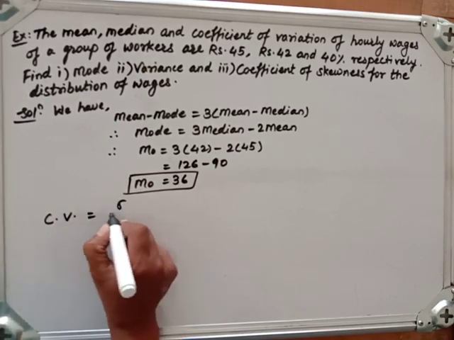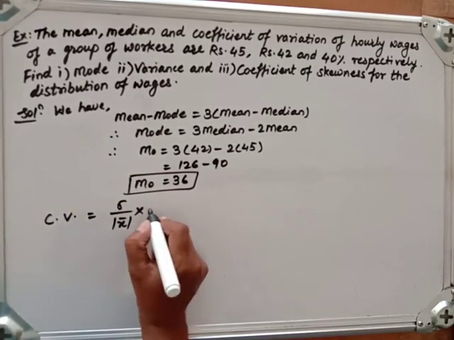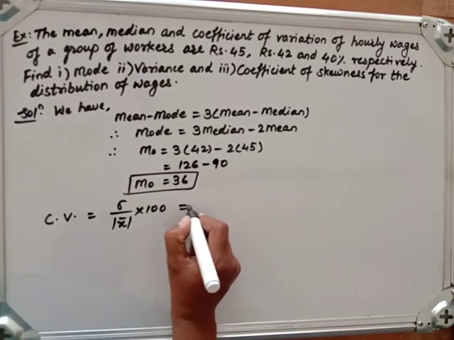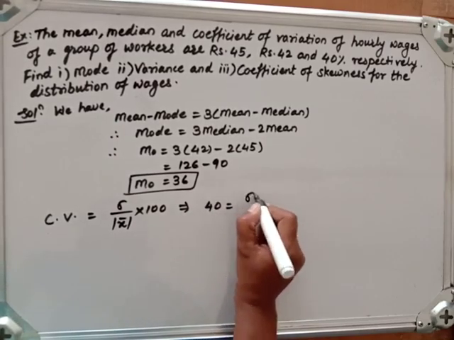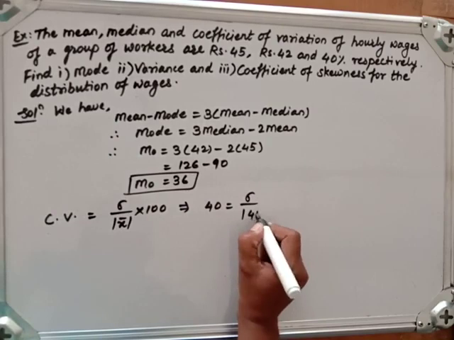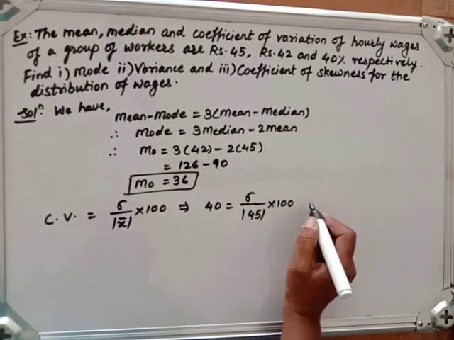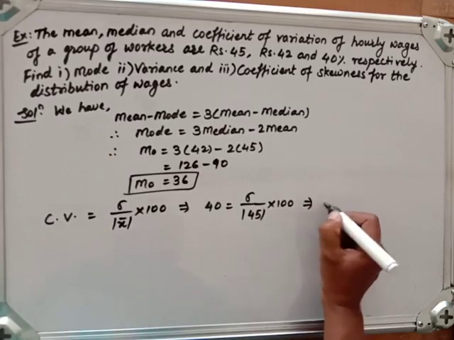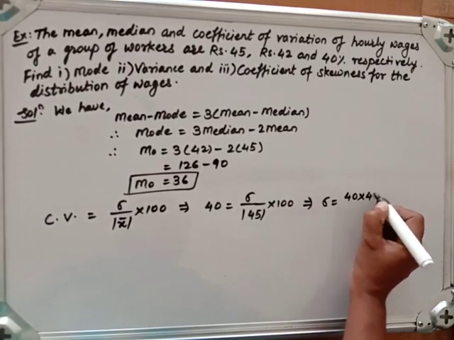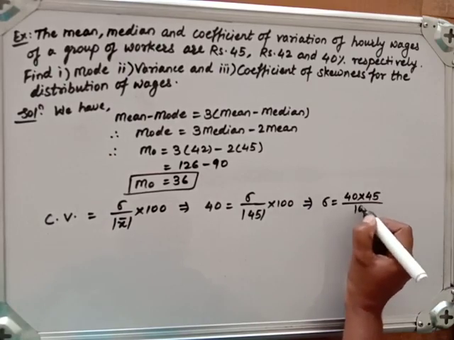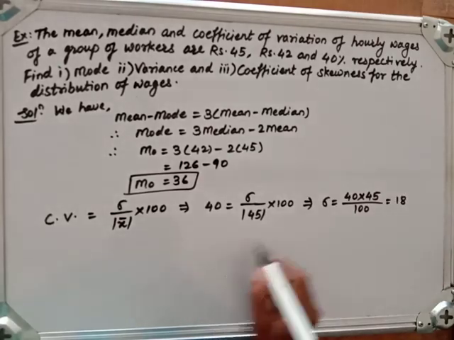Okay. Now we have CV. CV is sigma upon mod of mean into 100. So that gives us 40 is equal to sigma upon 45 into 100. So that gives sigma equal to 40 into 45 upon 100. So this is how much? 18.